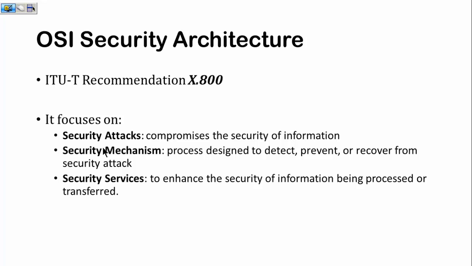For example, if you are issuing a public notice, the service of confidentiality is not required because it is a public notice, so it should be openly available for everybody to look into it, right? So confidentiality as a service is not required in that particular scenario.